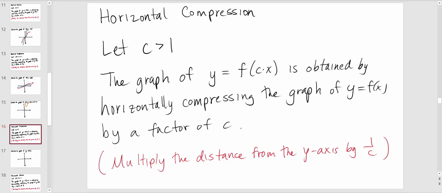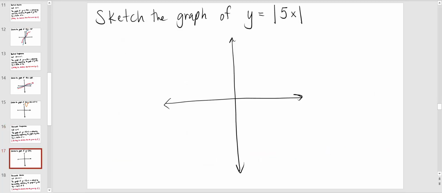We're multiplying by a number bigger than 1, but it actually squashes the graph horizontally, opposite of what the vertical effect is. Here's an example of that. We're going to sketch the graph of y equals the absolute value of the product 5x. So we know what the absolute value of x looks like. It's that V shape that comes out of the origin.